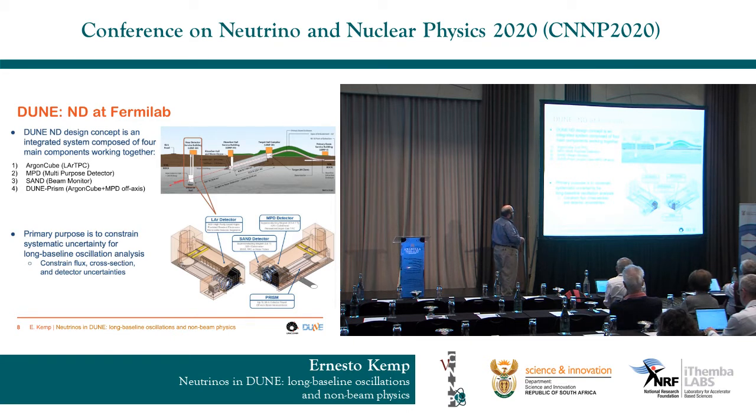The Argon detector is this one, the first one in the direction of the beam. The second one is the multipurpose detector, and the third one that can also measure the content of muons in the beam flux. And the third one is the sand detector that is used to monitor the beam intensity.